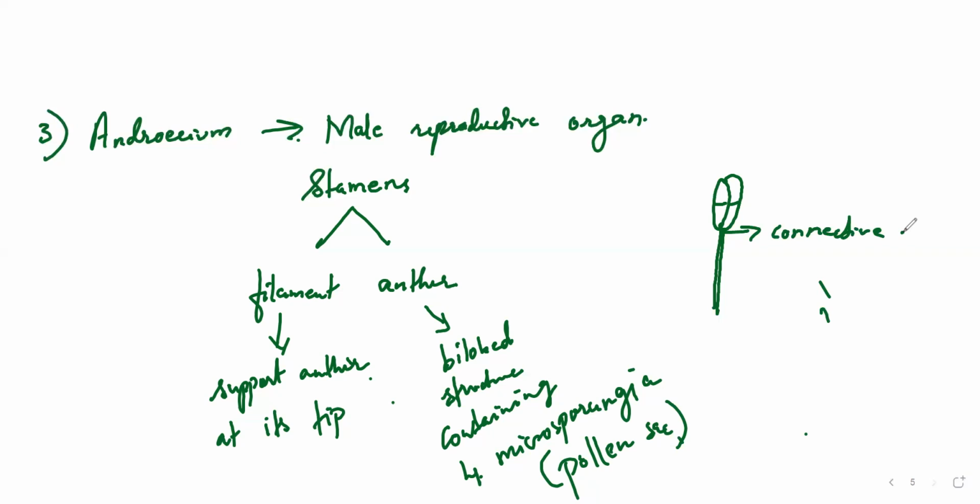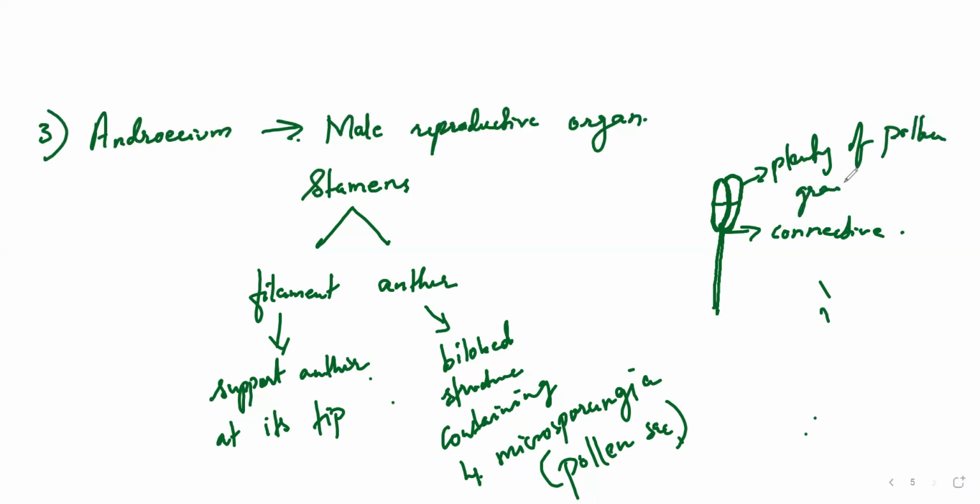In each of the 2 lobes, they are usually bilobed. Bilobed means the anther is divided into 2 parts like this, so it is called bilobed, and hence it has 2 pollen sacs, with plenty of pollen grains in them.